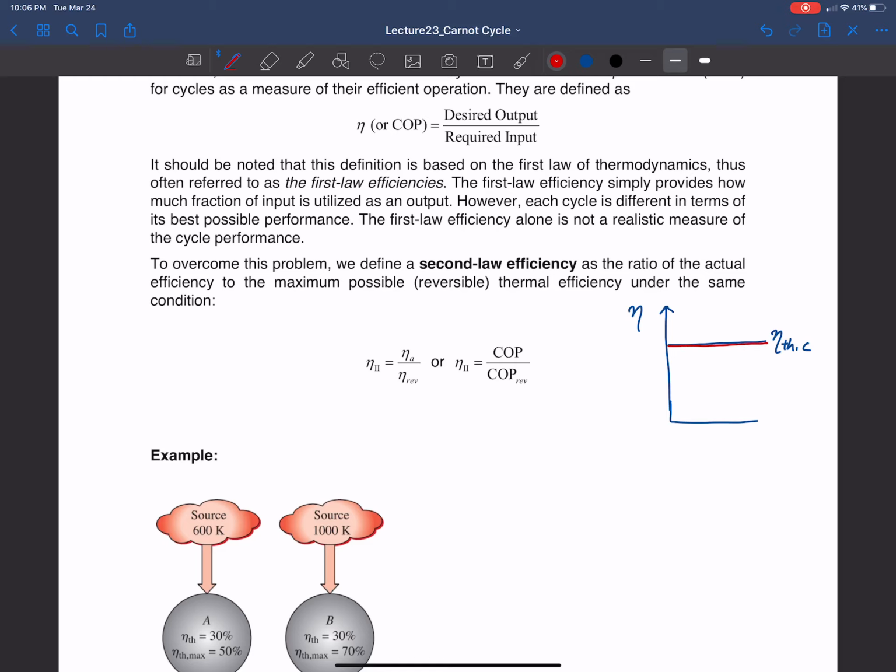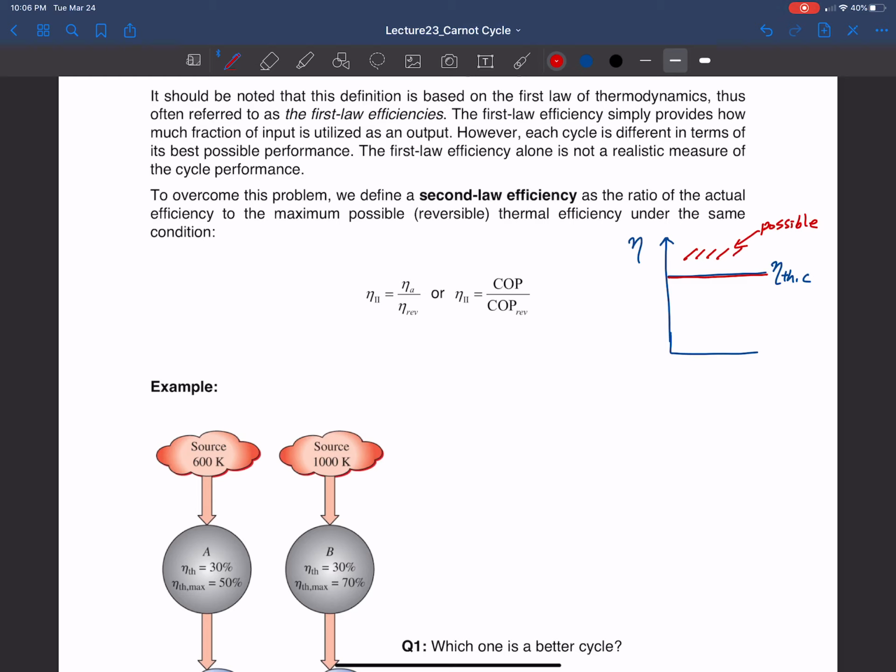So if someone claimed that their efficiency is higher than the Carnot efficiency, that is not possible. But only with the first law efficiency, we cannot tell whether or not this device is possibly manufacturable.